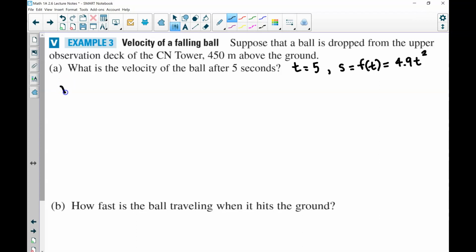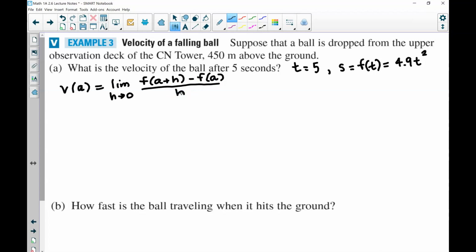So the velocity v of a is going to equal the limit as h approaches 0 of f of a plus h minus f of a over h.